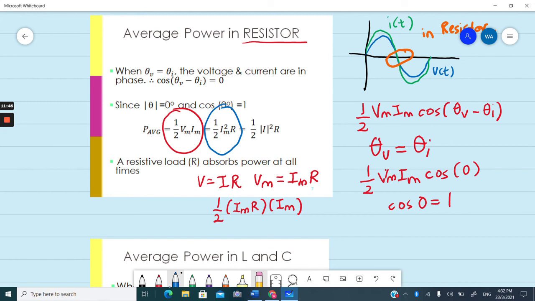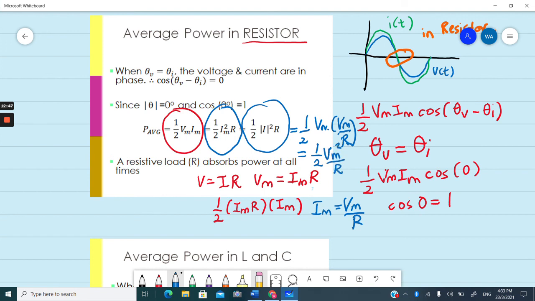You can also calculate using I_m equals V_m over R. So the average power in a resistor is half V_m times V_m over R, which equals half V_m squared over R. This is the average power in a resistor.